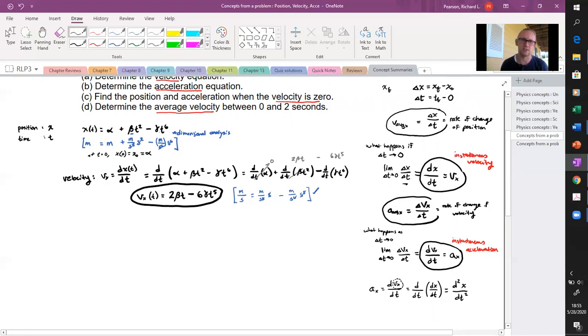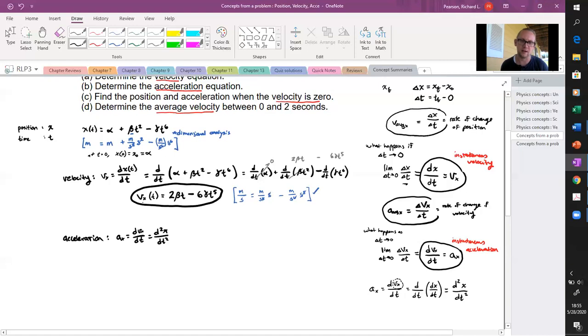So now we can determine the acceleration of this vehicle being remotely tested by a computer. Our acceleration is defined as dvx dt and d squared x dt squared. We could start from the x equation and take the derivative twice, or we can start with our velocity equation and take the derivative once with respect to time.